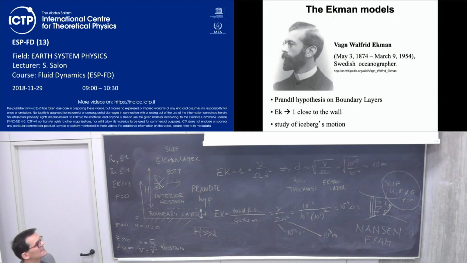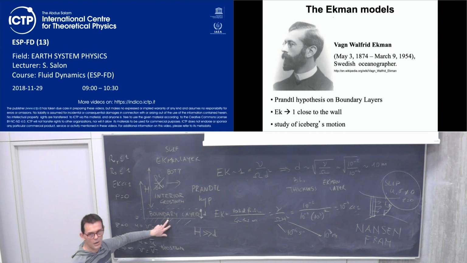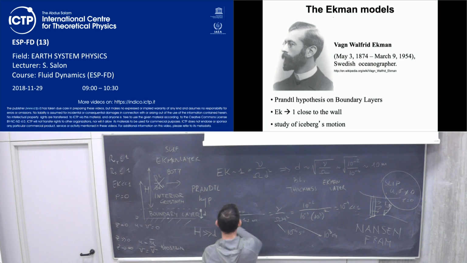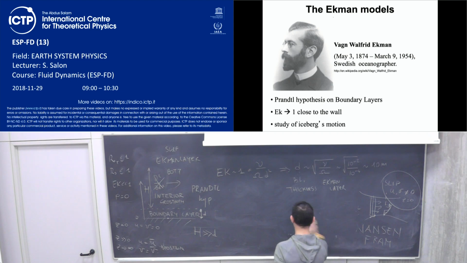The only difference is that here we have a solid bottom where the velocity is equal to 0, while in the surface Ekman layer the boundary is not solid but is the interface between the water and the air, and what we have there is the stress of the wind. So there is a strong discontinuity in density because you pass from 1000 to 1 kilogram per cubic meter. Okay, so I will just introduce the equations for the bottom Ekman layer, and tomorrow we will complete.